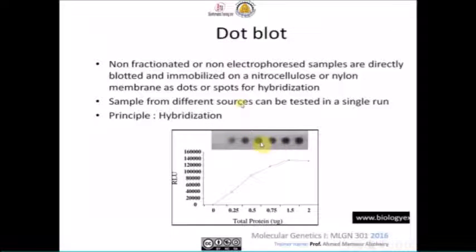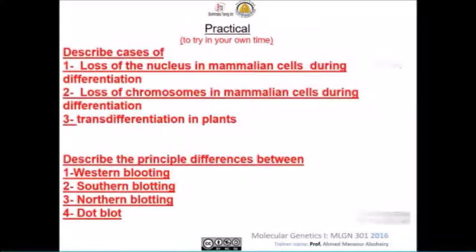So there are differences in the density of the spot or dot, which means there is a greater presence of that gene, for example, in one sample than in another. This technique is called the dot blot, and as we said, it uses non-fractionated samples.